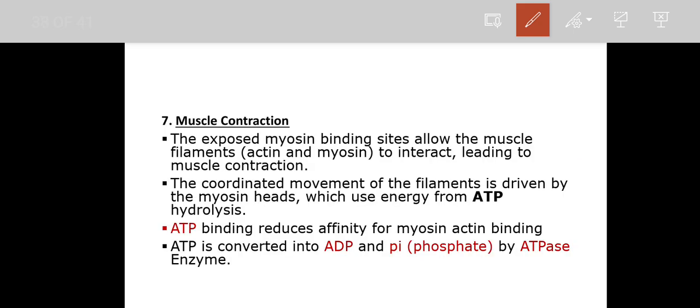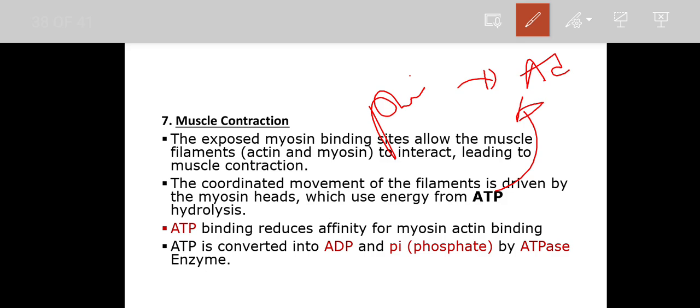So the coordinated movement of filament is driven by the myosin heads, which use energy from ATP hydrolysis. ATP hydrolysis, we mean to say we break it down, because ATP needs to be hydrolyzed into a phosphate and what we call adenosine diphosphate, a diphosphate.